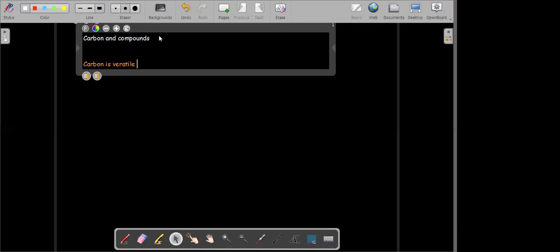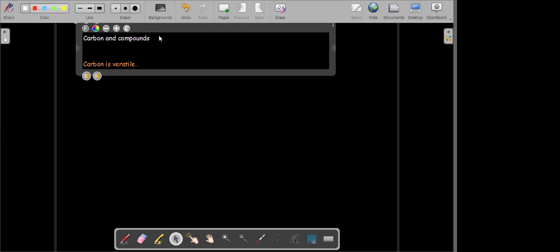When you say carbon is versatile, right? See, carbon has a number of uses. It's available in a number of forms. In our body makeup also, we see compounds like glucose and amino acids, all being made up of carbon only. So carbon is versatile. That is why we need to study carbon.